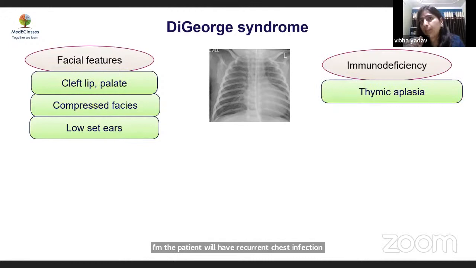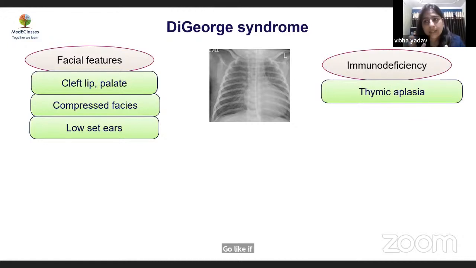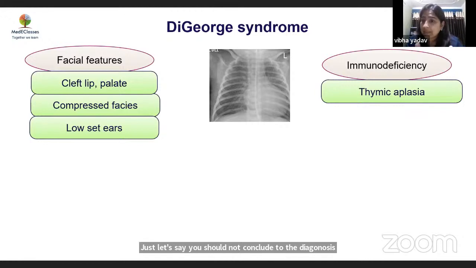There is a very important point I want to highlight here: thymic aplasia is a non-specific feature of DiGeorge syndrome. If you find an absent thymus on chest X-ray, you should not conclude the diagnosis of DiGeorge syndrome, but if there is thymic aplasia, you should at least suspect it, because this is a non-specific feature.